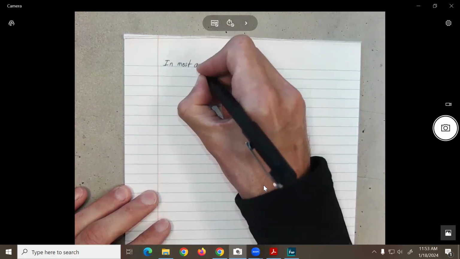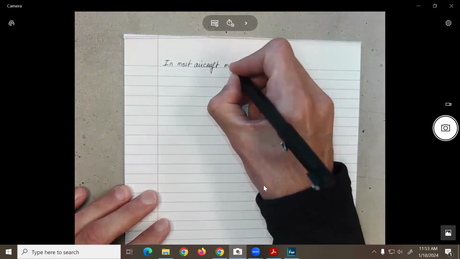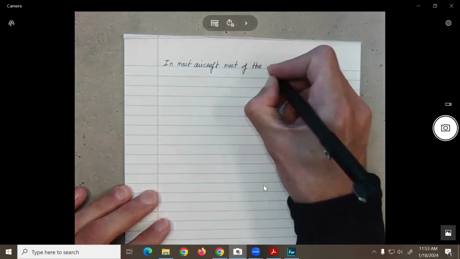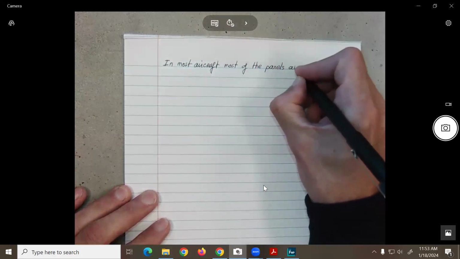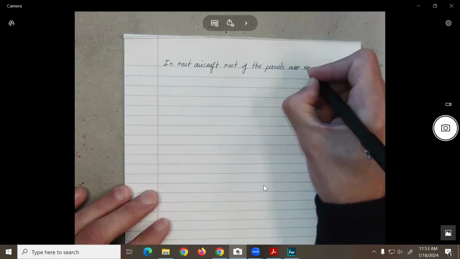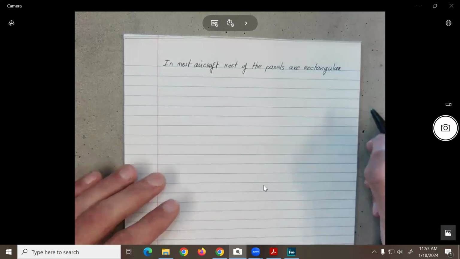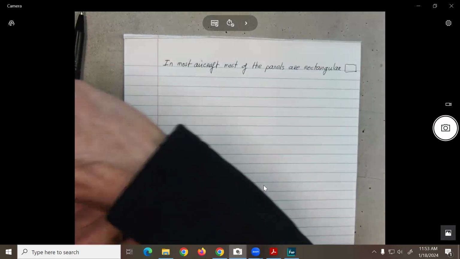In most aircraft, not to say all of them, most of the panels are rectangular. So if they are rectangular, what do we know?